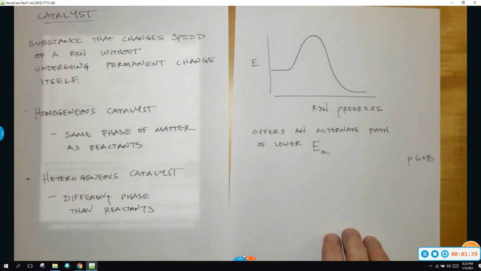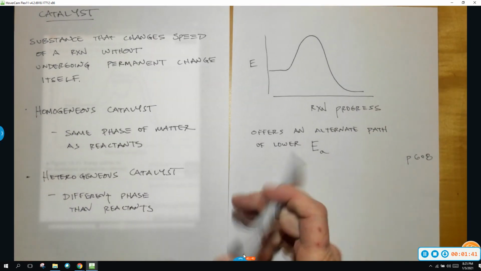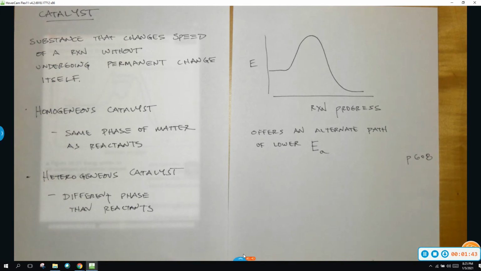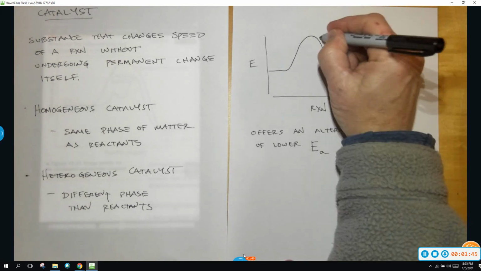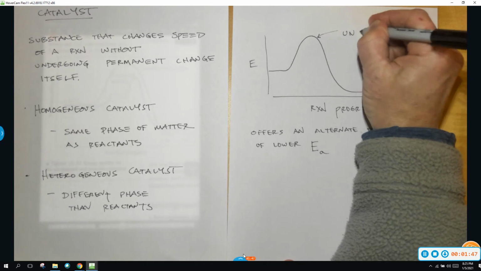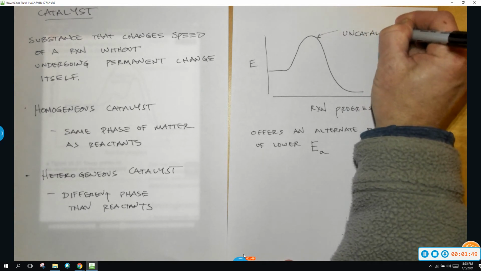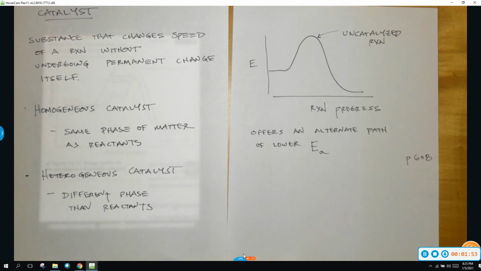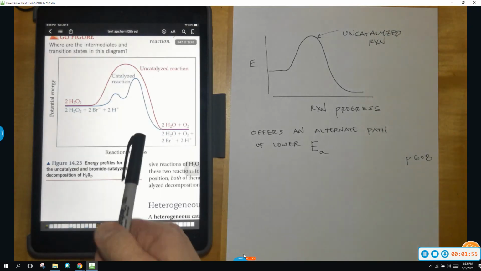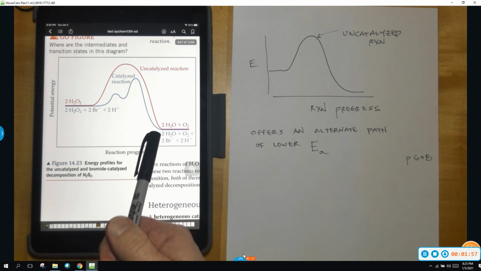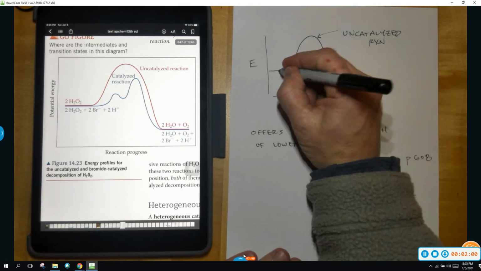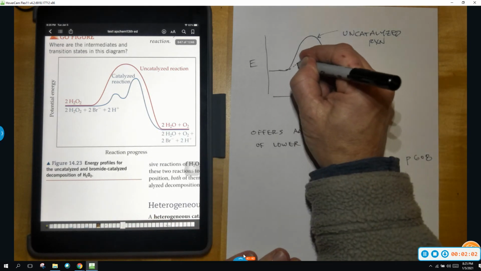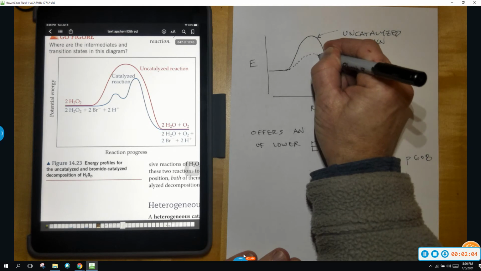So here's the diagram I should draw. It offers an alternate pathway to lower the activation energy, and then you can label this as the uncatalyzed reaction. And then the catalyzed reaction, you could use a different color like they used here, or you could just draw it with little dashes and show an alternate pathway.